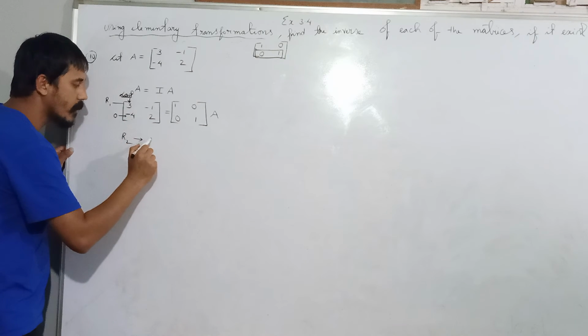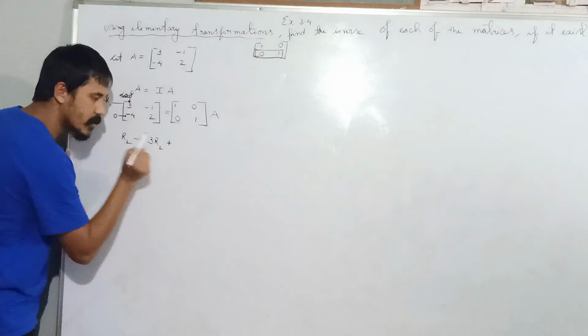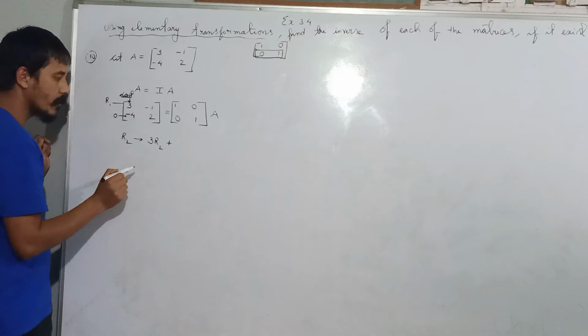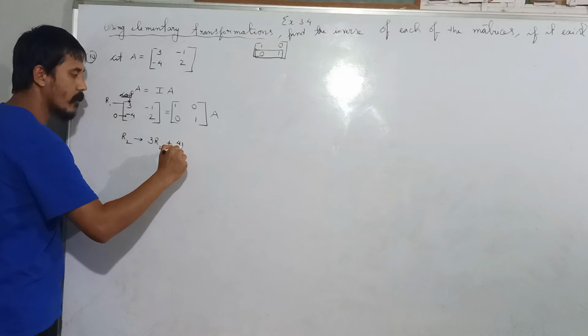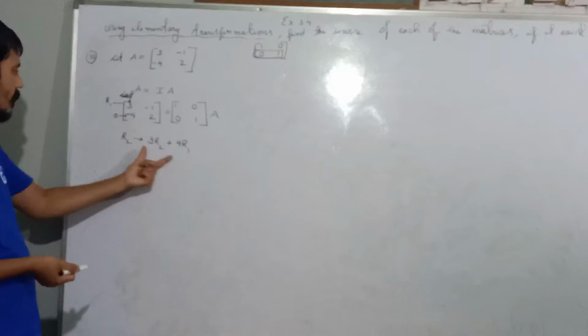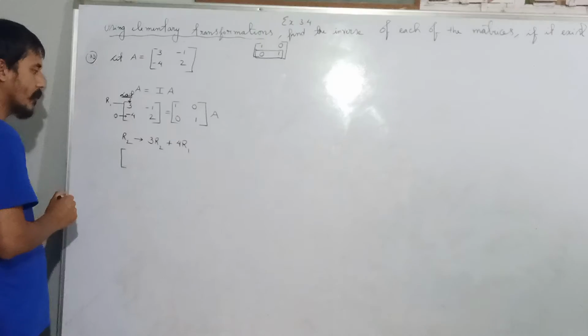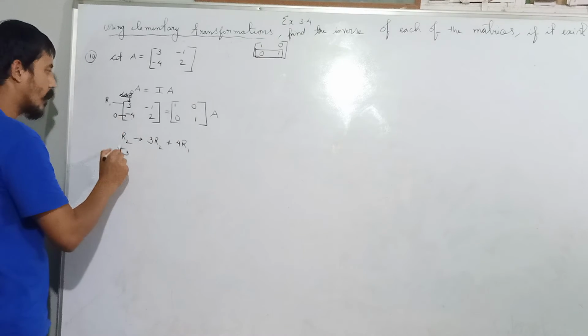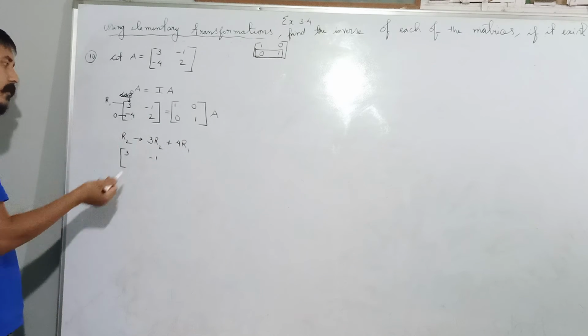We multiply the row 2 entry by 3 and the row 1 elements by 4, since the signs are opposite, so it will be addition. There is no transformation in R1, only in R2.